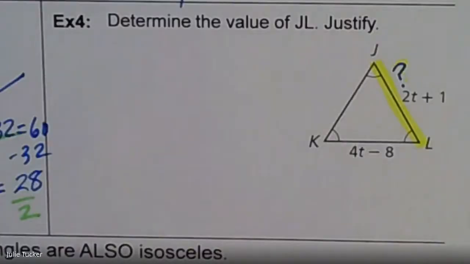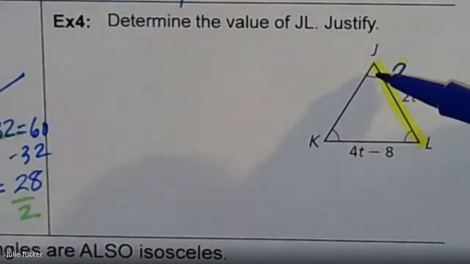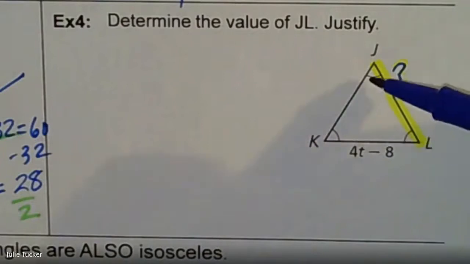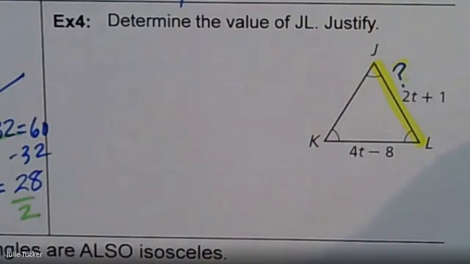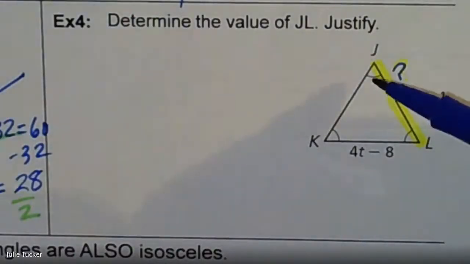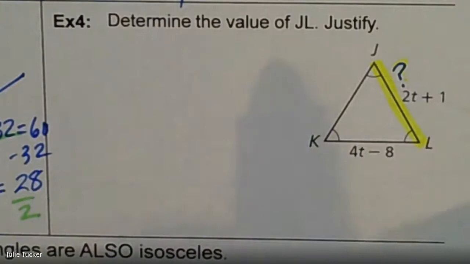Exactly. And since it's an equiangular triangle, since all the angles are the same, it's also what? Yeah, that's true. But I was saying if it's equiangular, it's also equilateral.